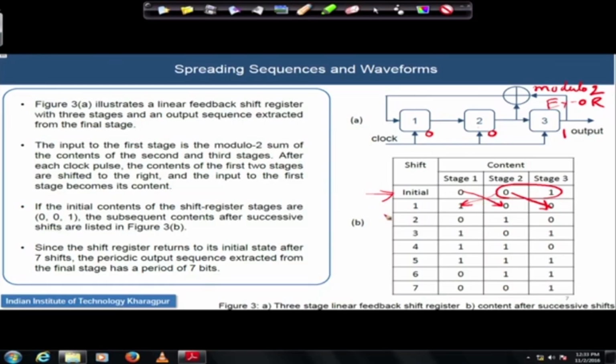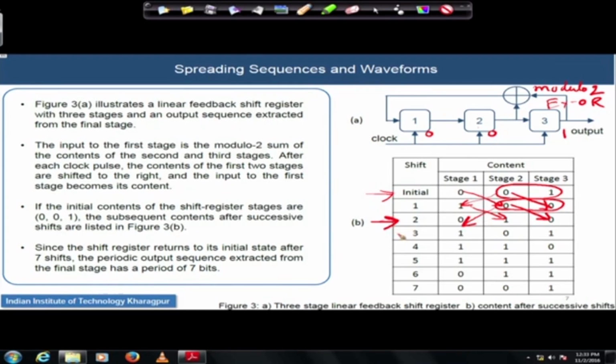When the second clock pulse came, you now have the value 0 in stage 2. So it is shifted to stage 3, the value of stage 1 is shifted to stage 2, and the XOR of both zeros yields 0, which is stored here.